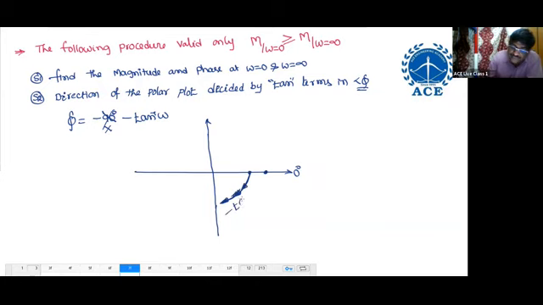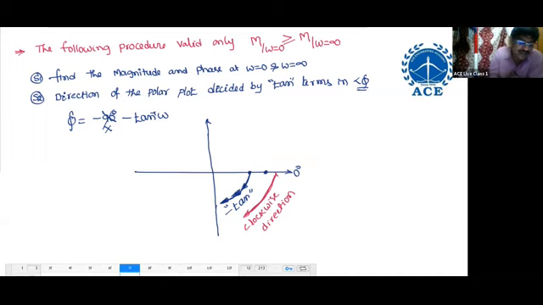Negative tan terms always push the plot in the clockwise direction.